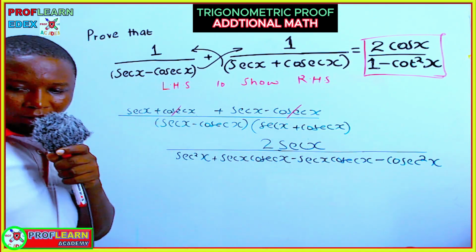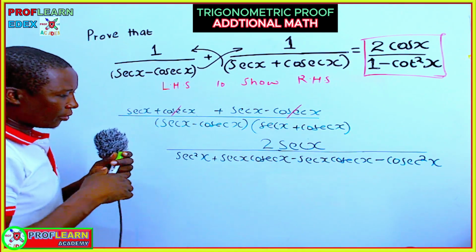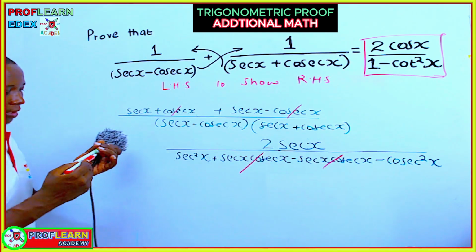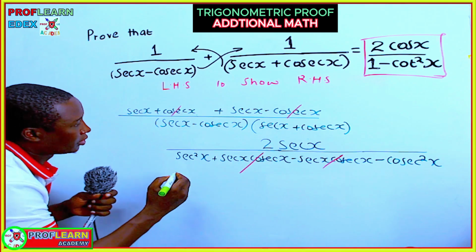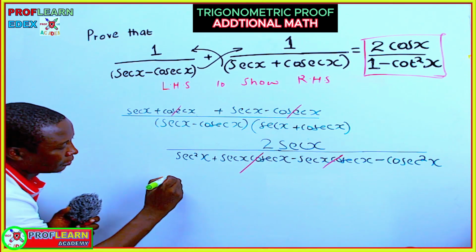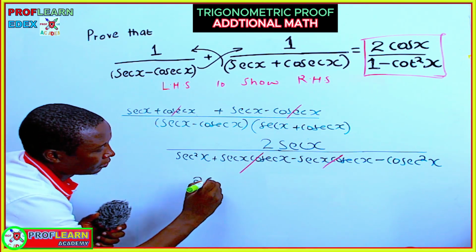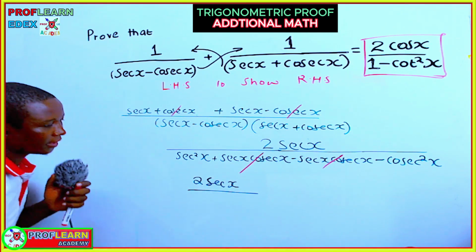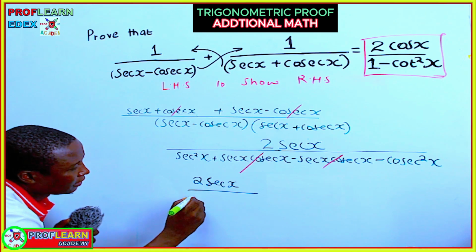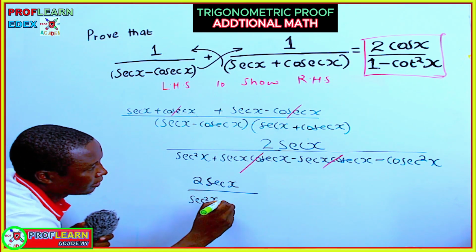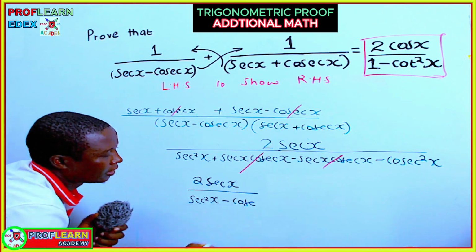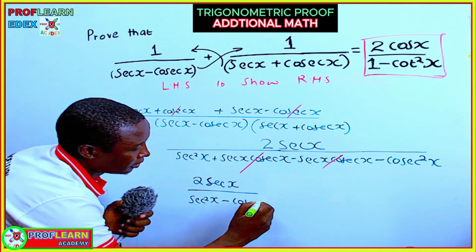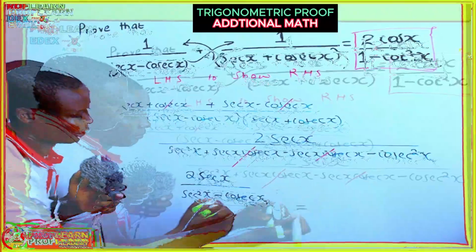All right, having this, again we can see that sec x cosec x will cancel out, and this is going to translate to 2 sec x over sec squared x minus cosec squared x.